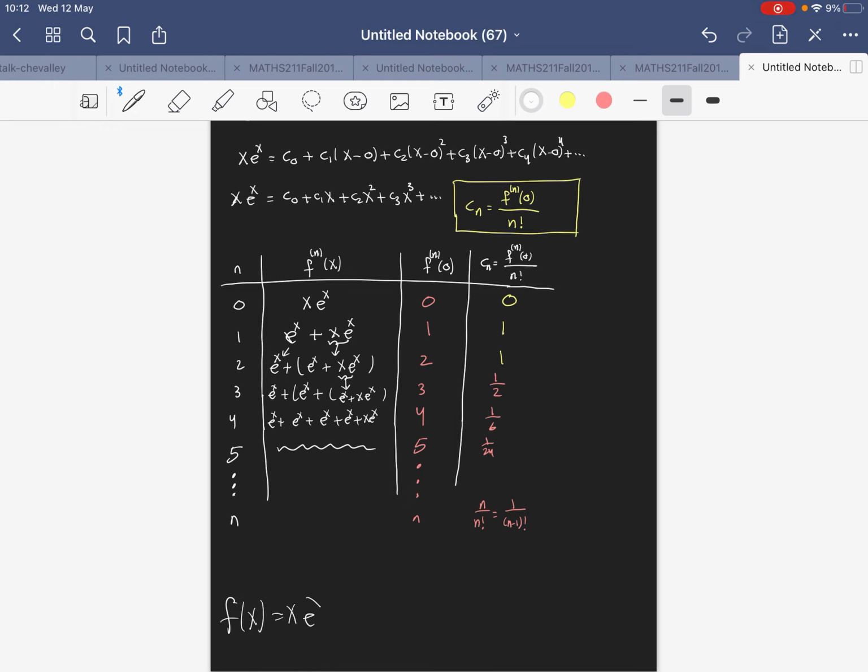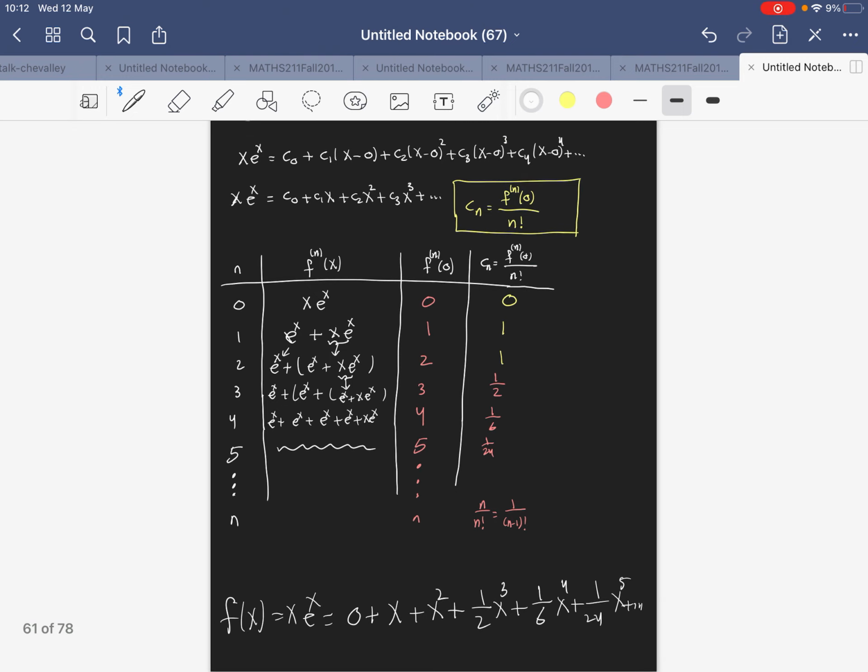So xe^x is just what? C0 is 0 plus x squared plus half x cubed plus 1 over 6 x^4 plus 1 over 24 x^5 and so on.